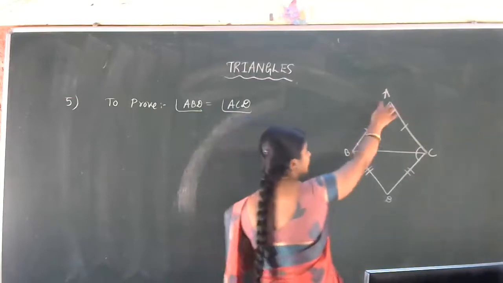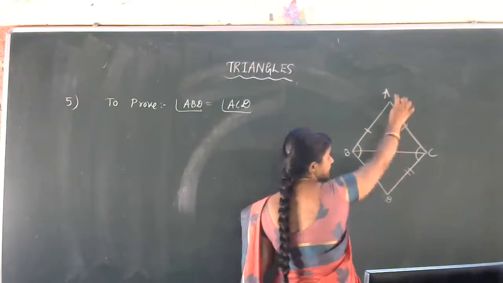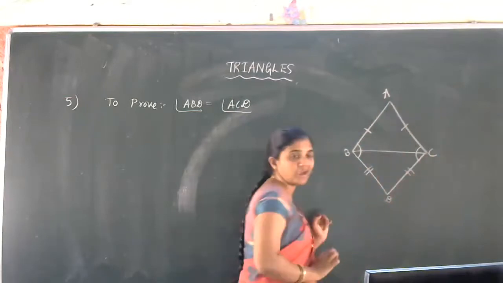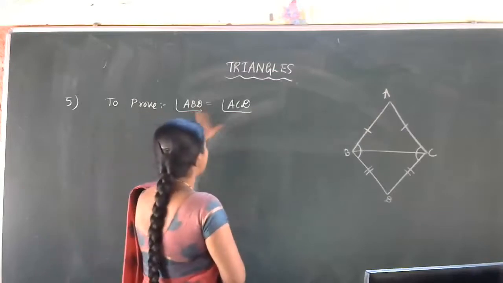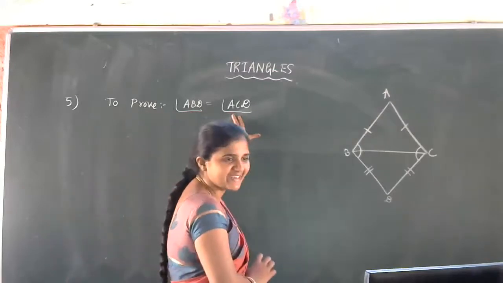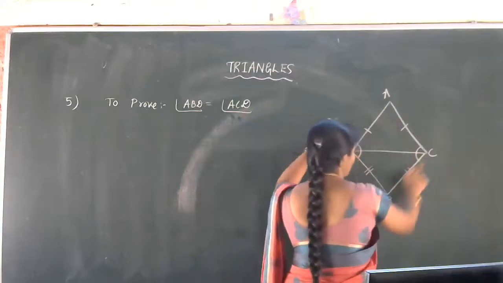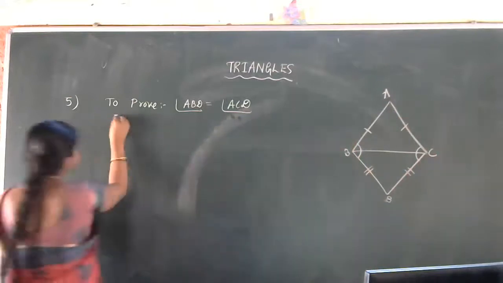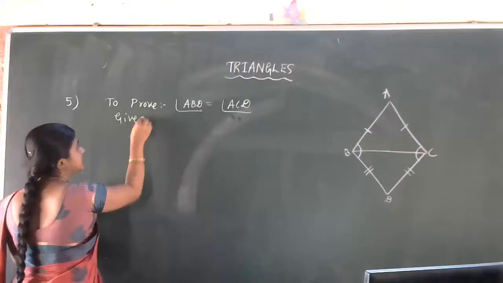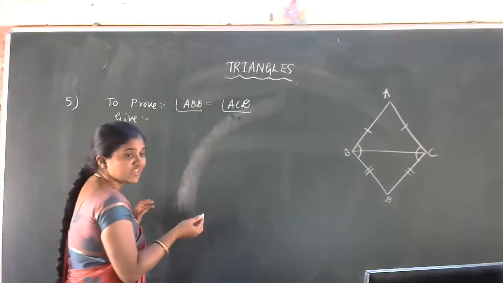Now again take triangle BDC. BDC is also an isosceles triangle, with BD equal to DC.